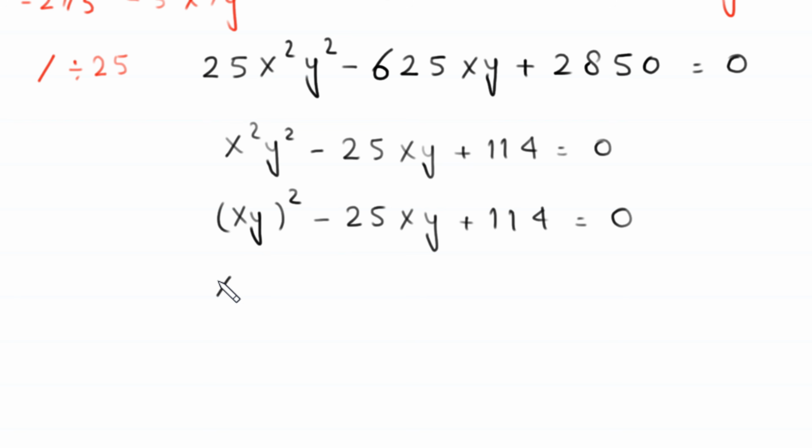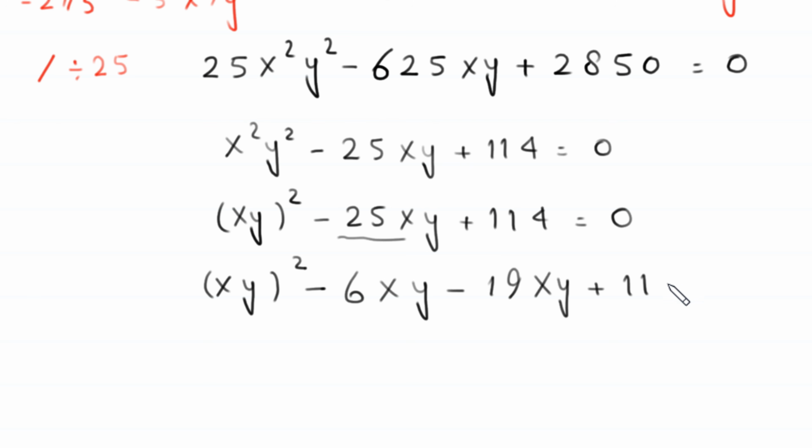We write this x times y whole squared. Break this negative 25xy into two terms: negative 6 times xy minus 19 times xy plus 114 equal to 0.